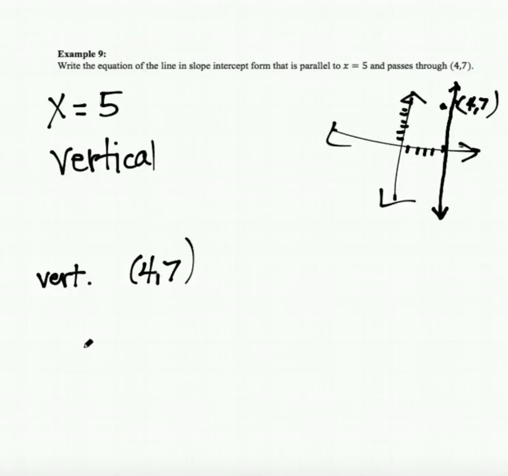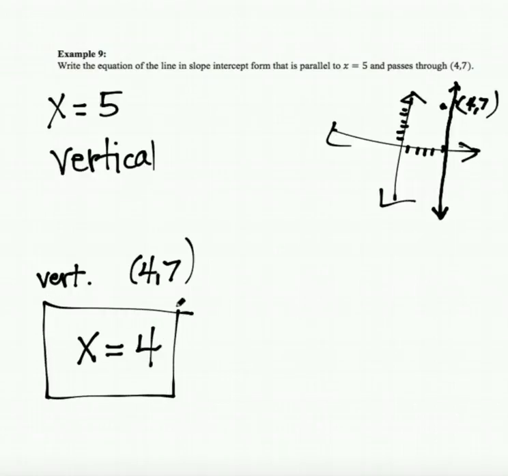I know that every equation of a vertical line is going to be x equals, and the value is whatever x value it's crossing through. So we're crossing through the ordered pair (4, 7), so my equation is simply x equals 4. And that would be this line right here that's crossing through the point (4, 7), and is parallel to that line x equals 5.